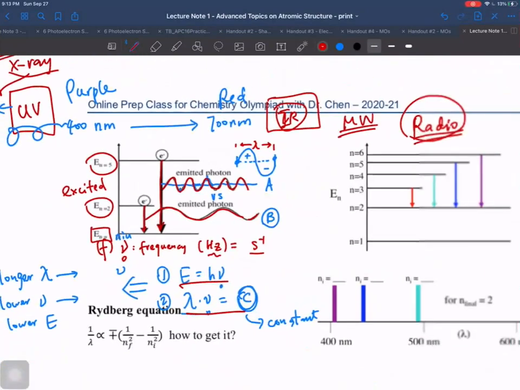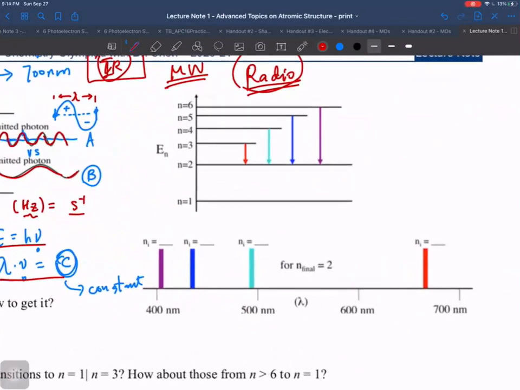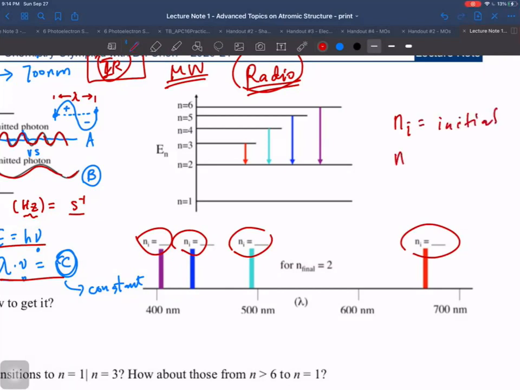Okay, good. So now it's your turn. Now we are going to explain the 4 lines in the hydrogen emission spectrum. Can you try to finish these 4 blanks by yourself? Ni means initial. Nf means final. Just a reminder, you may need to have a look at the N final here and double check this.